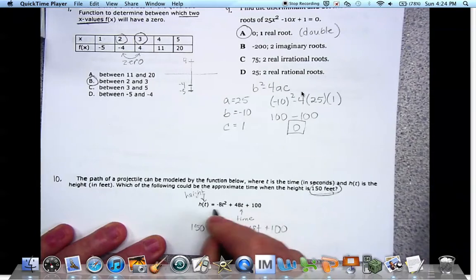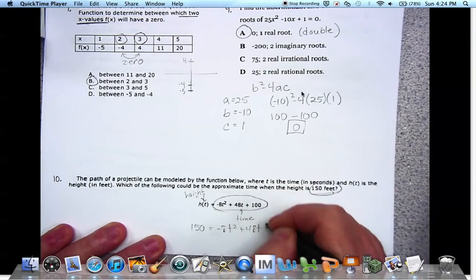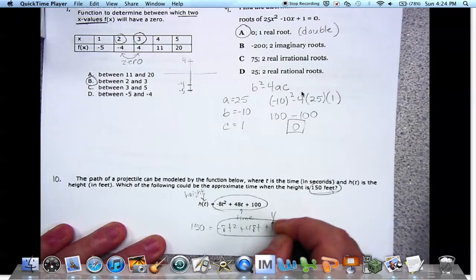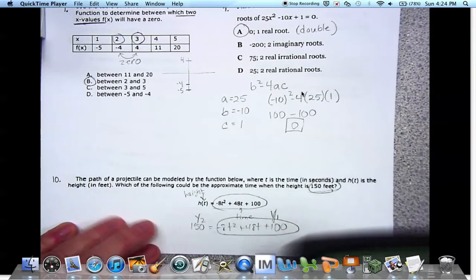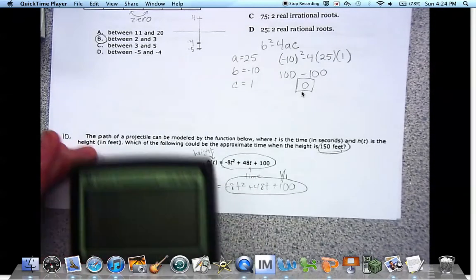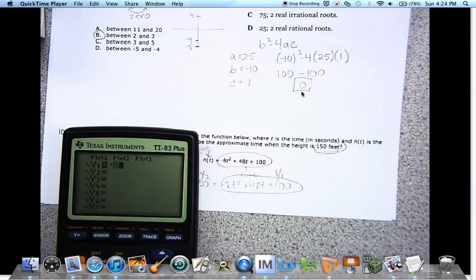We're going to put this in Y1 and this one in Y2 and see where they intersect. So negative 8x squared plus 48x plus 100.